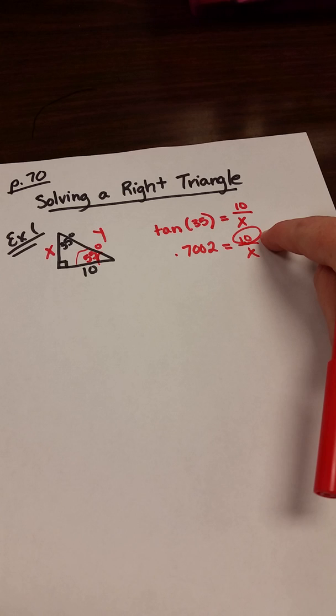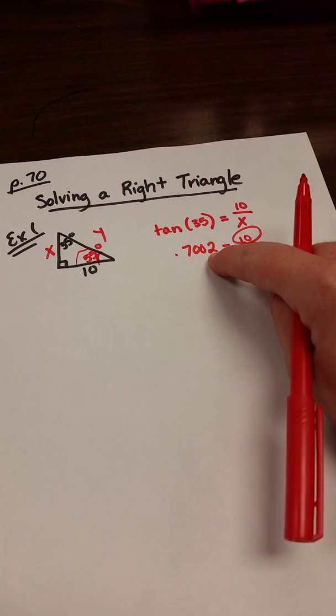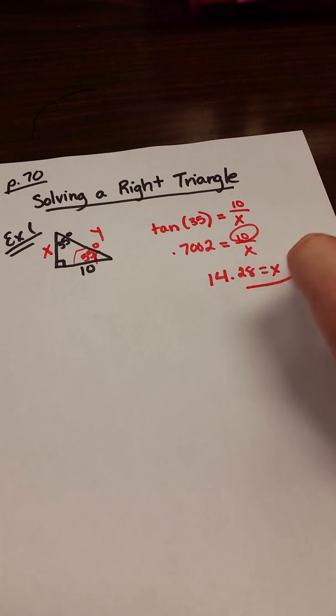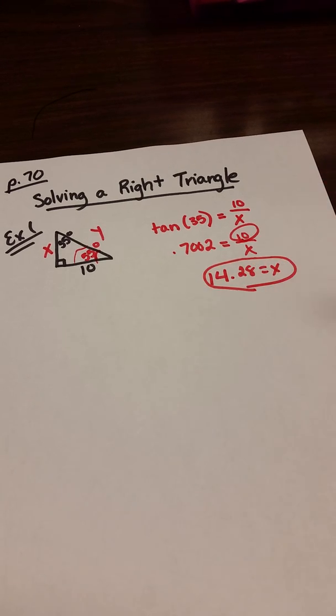So I'm going to do 10 in the calculator first. 10 divided by 0.7002, and that gives me 14.28. Or you can call this 14.3.